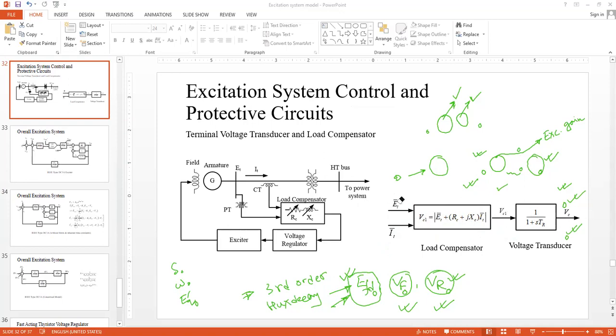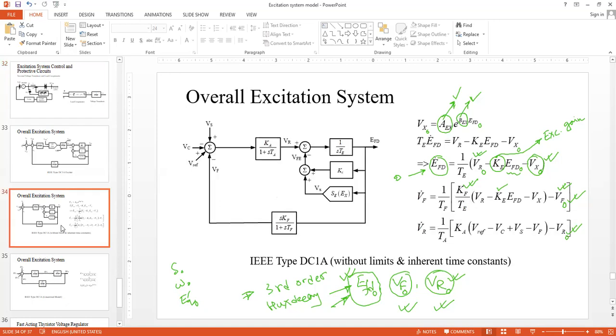So you can clearly see how you can calculate VC. If you know ET, the terminal voltage of the generator, and the terminal current output of the generator, then if you know RC and XC, you can easily get the steady state value of VC. Once you know VC, you can put that value of VC here. So to know VC, you need to know ET, IT, RC, and XC.